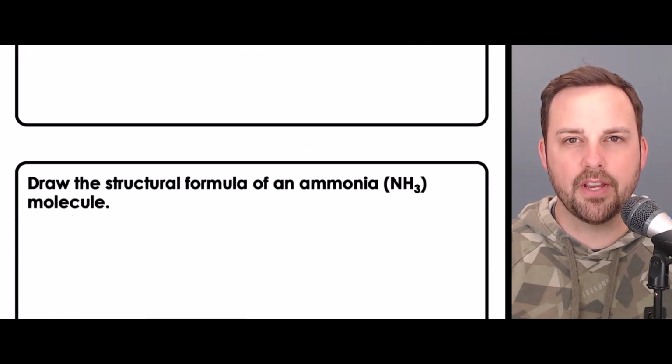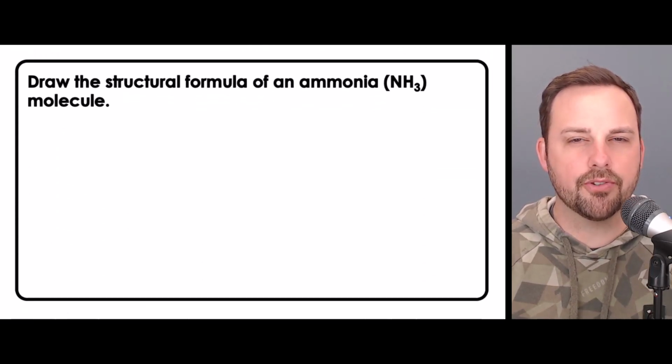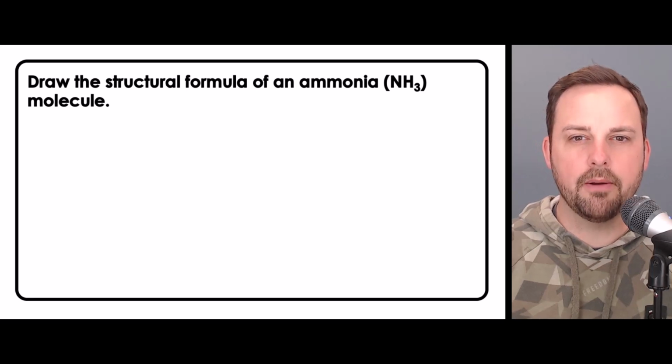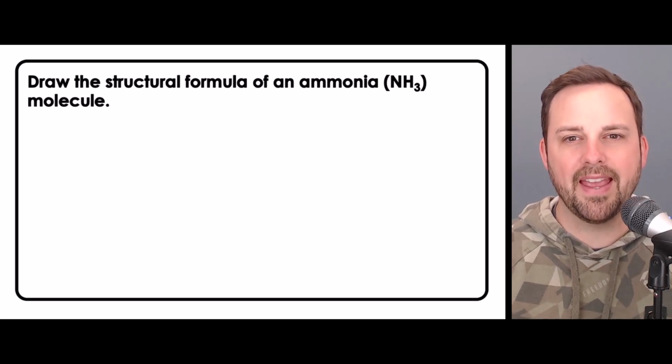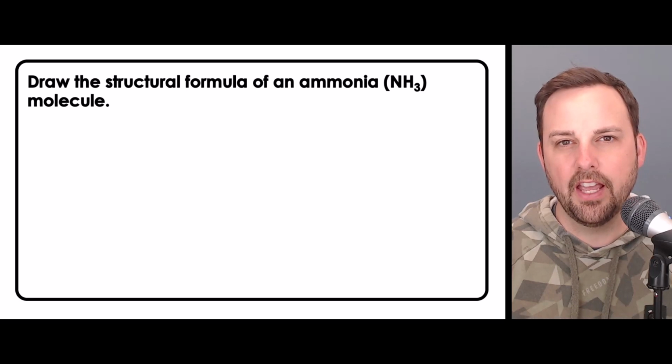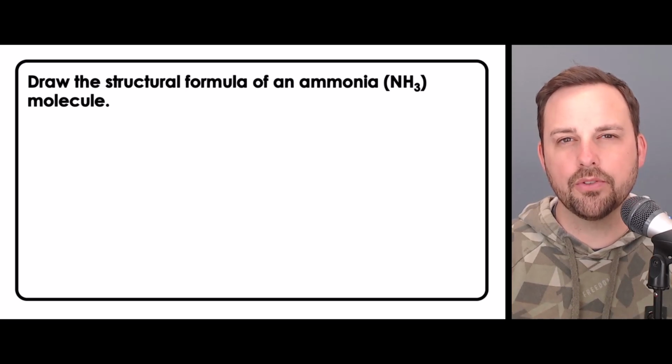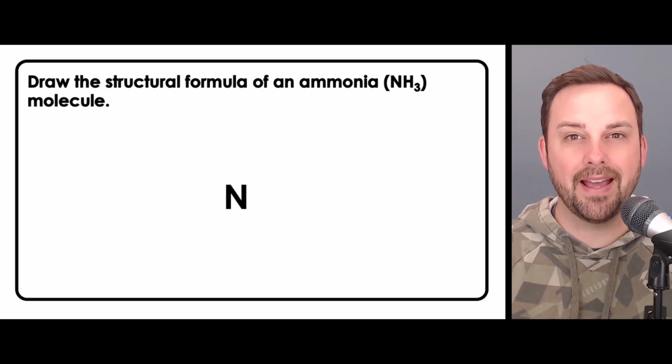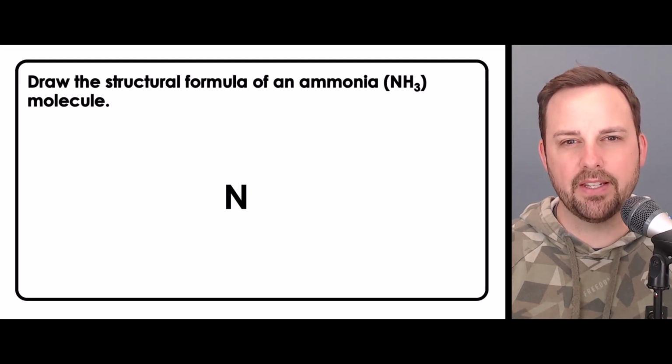Here's another example. This time let's draw the structural formula for an ammonia molecule. That's NH3. If you want to, review your previous notes and try to draw this one on your own. This is another molecule where we have a central atom at the middle of the molecule, and in this case, it's nitrogen. So we'll draw the letter N in the center, representing the nitrogen.